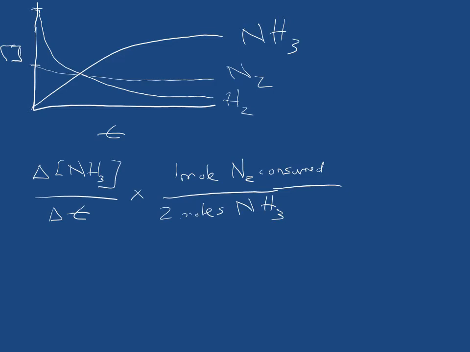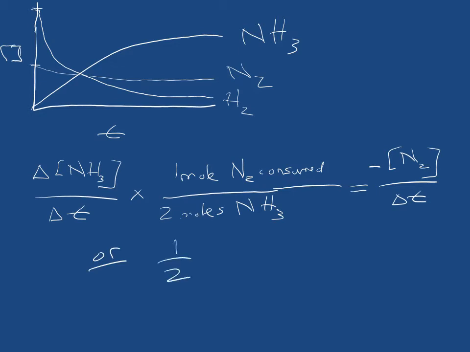Okay, well that's going to be, if you do that, so basically if you cut the rate of ammonia production in half, that will equal, now we have to put a negative sign here, that will be equal to the rate of loss of nitrogen. Okay, well, what does that mean? So we can relate the rates.